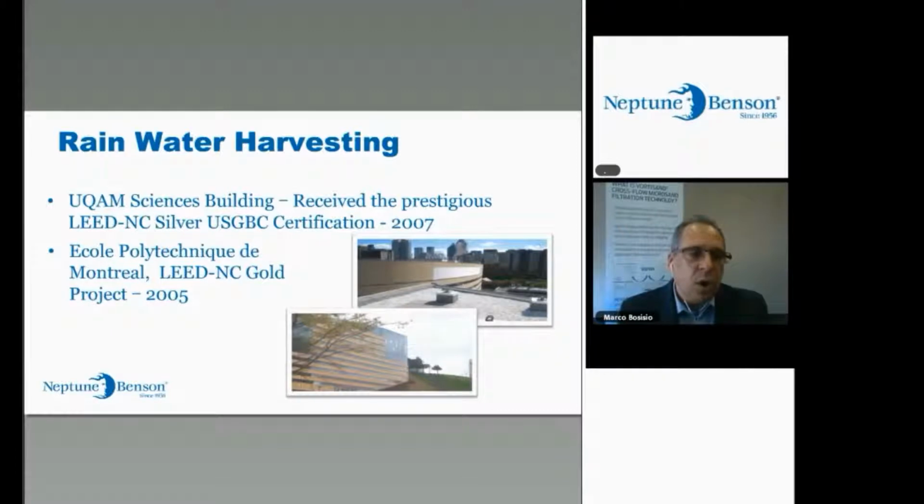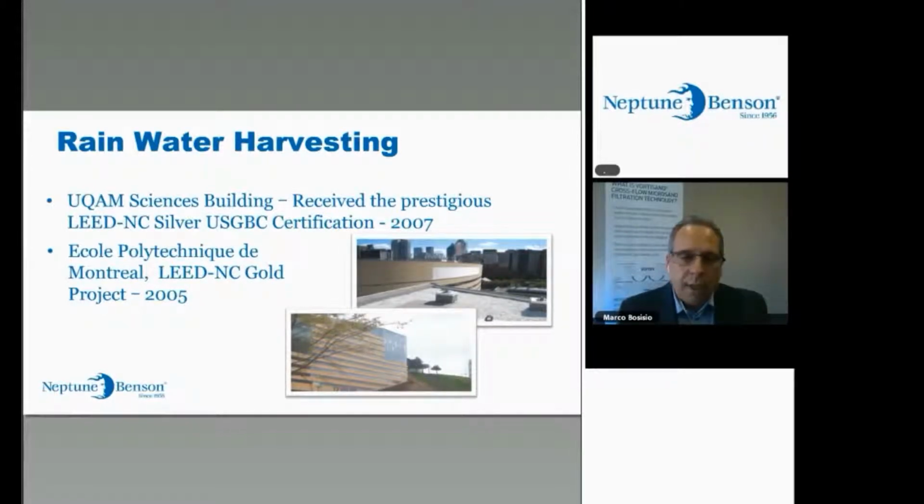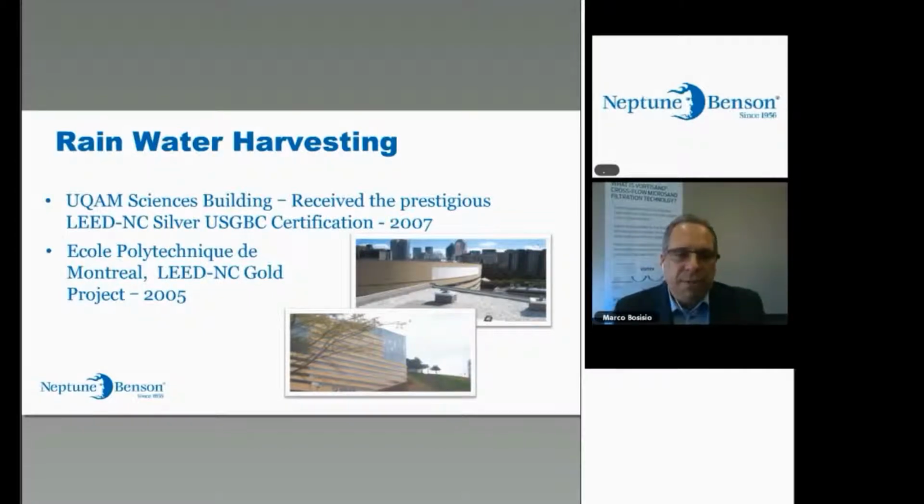These 2 are LEED references, one from the University of Montreal, École Polytechnique, the other from the University of Quebec, installed a few years ago, still in operation, and very robust. Being able to treat particles down to 1 micron is essential, simply because the average size of particles in the air is 2 micron, which is 10 times smaller than what a typical filter will be able to grab.